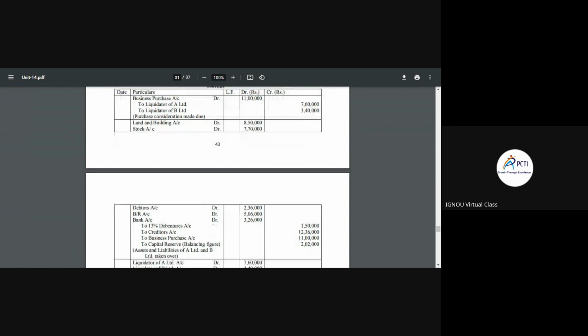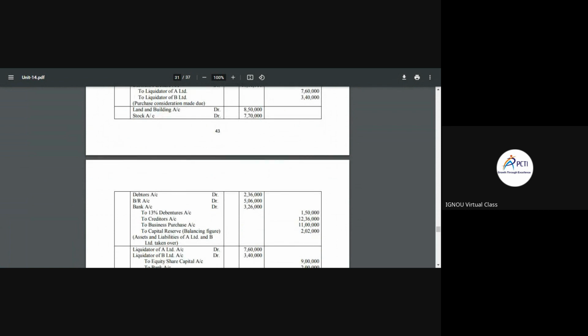The second entry which we need to pass is for the liabilities and for the assets. In the assets we have land and building account debit, stock account debit, debtors account debit, bills receivable account debit, bank account debit, and on the credit side we have 13% debentures account, creditors, business purchase, and capital reserve, that will be the balancing figure.